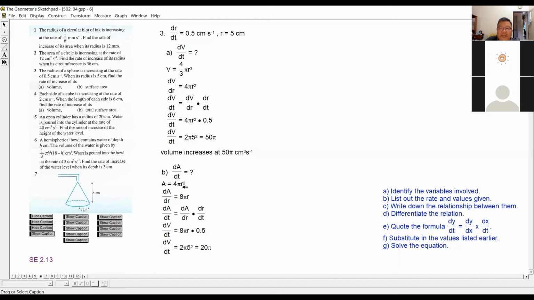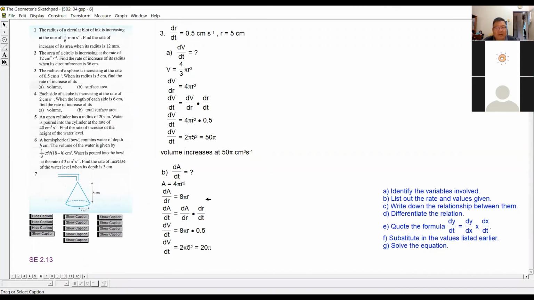Okay or not, teacher? Cannot. Once you put in there, then you are finding the area. You are not finding the rate of change of area. When you put in there, it will become a number. You cannot differentiate already. The number you differentiate becomes 0, right? So you have to leave it in terms of a variable so that you can differentiate. So when you differentiate, it becomes 8 pi r.